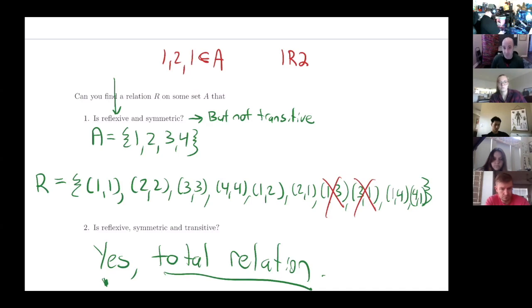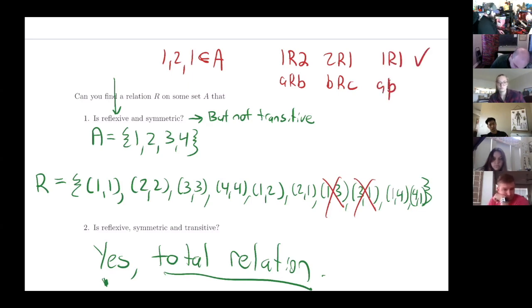And here we do have that 1 is related to 2 and 2 is related to 1. So this is our A is related to B, B is related to C, just our A and C are the same in this case. And it does follow that 1 is related to 1. So in this case that property holds.